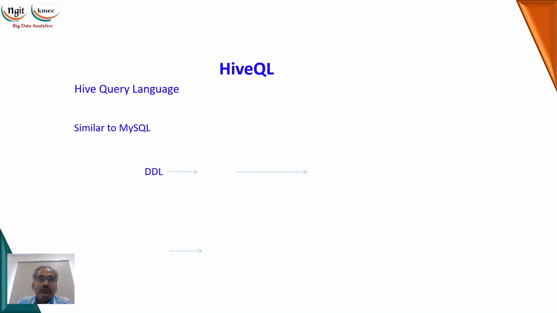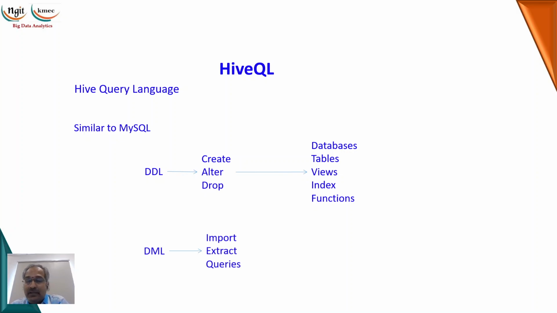There are several types of statements available. In the DDL, we are having the create, alter, drop of databases, tables, views, index, functions. All these are available. And DML statements: import, export, and queries. Load and store are also available.